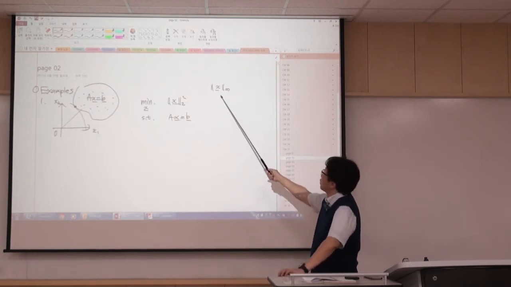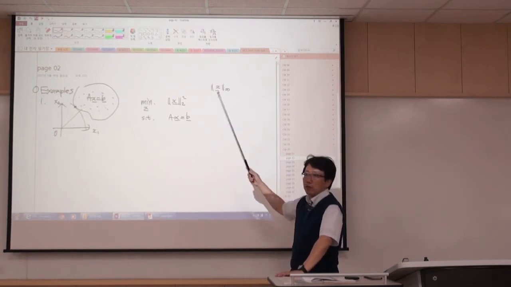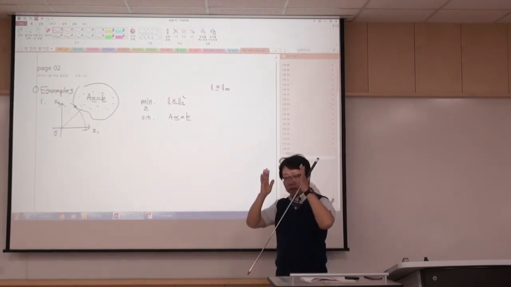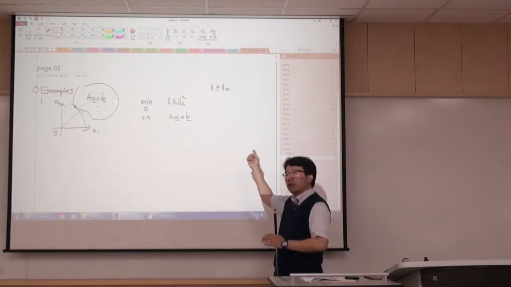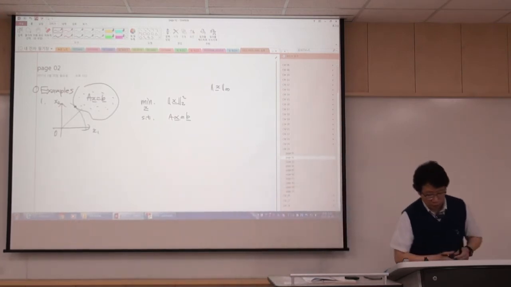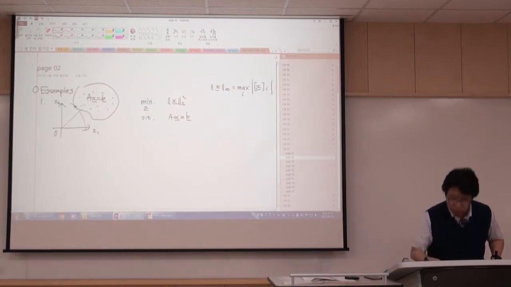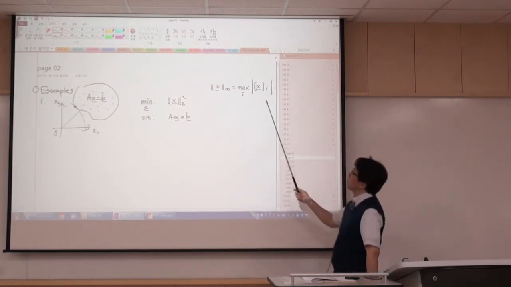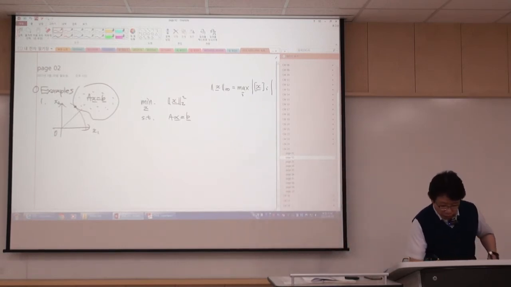Among the components of X, the maximum of the absolute value of the components is the infinity norm. So you may define it as max of |xi|, like this. Got it? What is one norm?